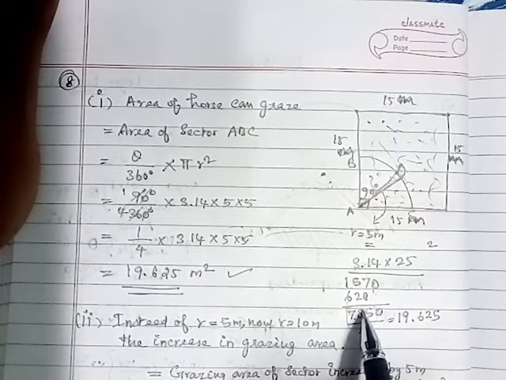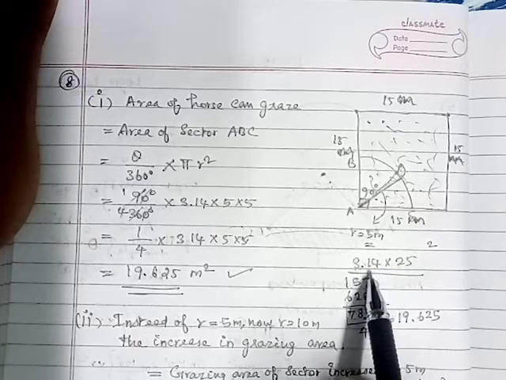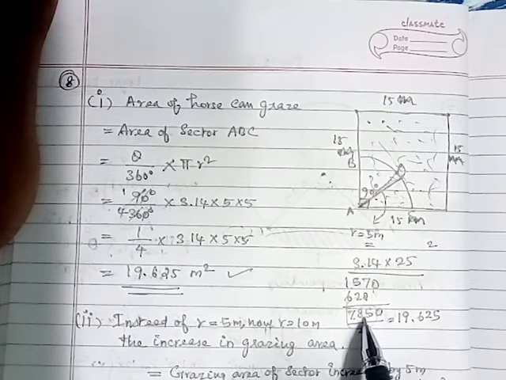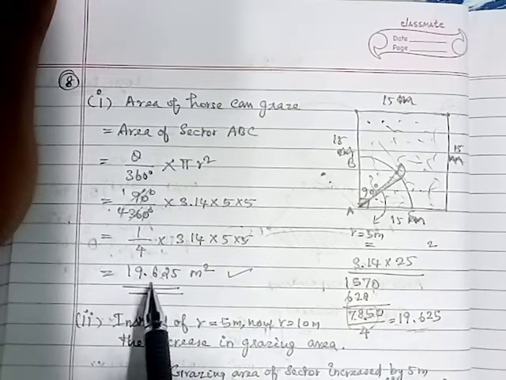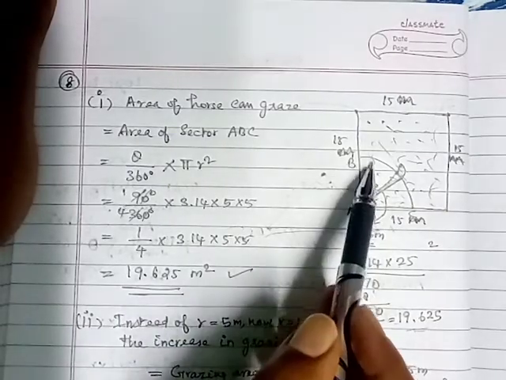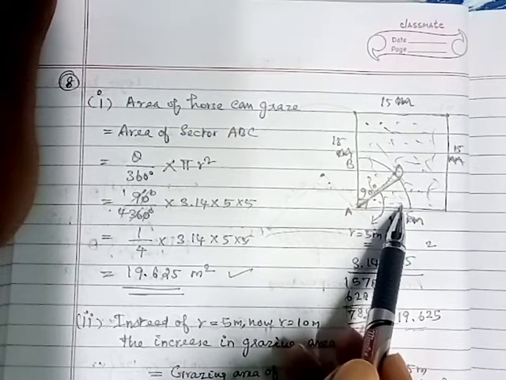After getting the answer, you don't forget the decimal places, right? So put the dot after 2 digits. Okay, so 78.50 again you have to divide it by 4, you will get 19.625. 19.625 meter squared is the area of this sector which horse can graze initially.